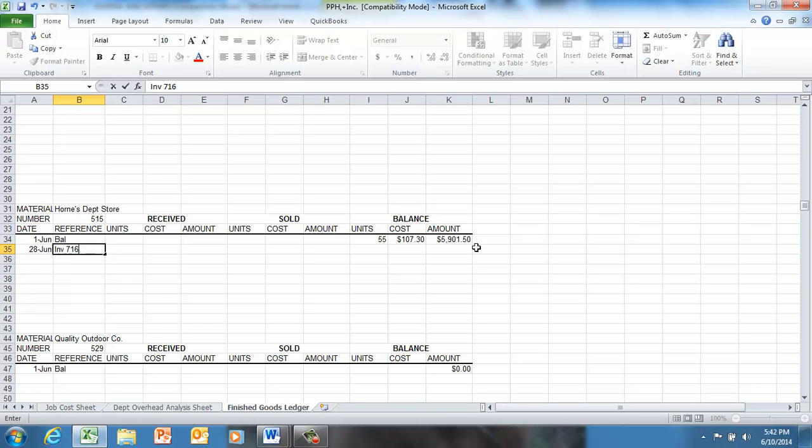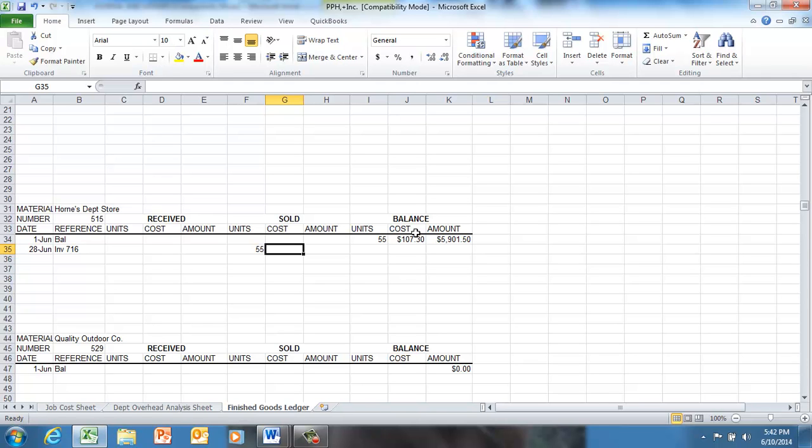And so now I'm going to say I did not receive any new units, so I'm going to go over here to the sold section. And how many units did we sell? Well, we sold 55. In other words, we happened to sell all of the units that we had for this particular job. So the cost of those is going to be the cost that was here. Now, PPP is on the FIFO method.